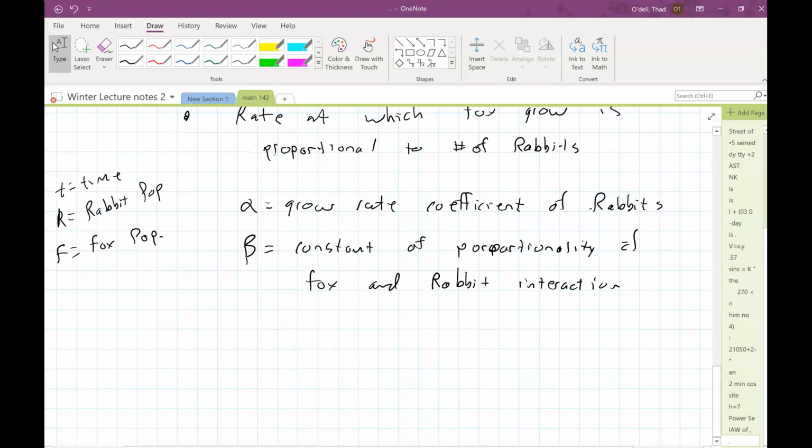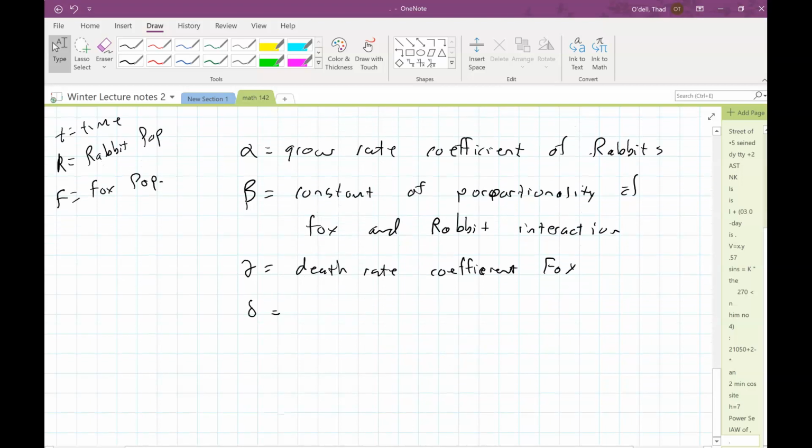And then we've got, I forget what these are called. Is this lambda? I think this is called a lambda. And that's going to be the death rate coefficient for the fox. And then we have gamma.